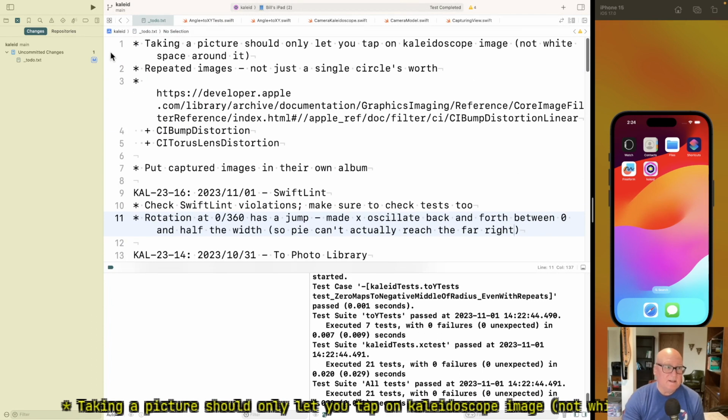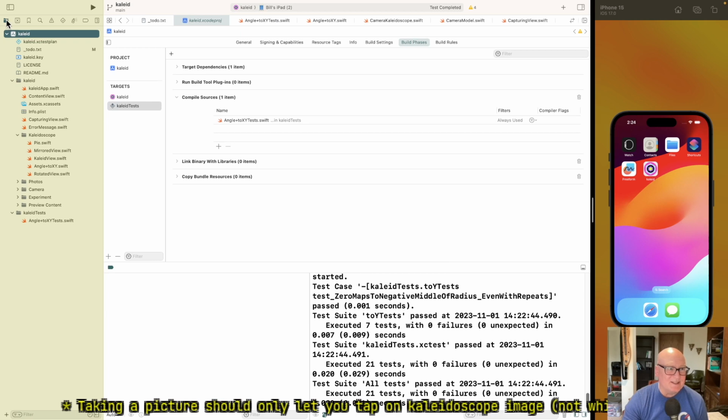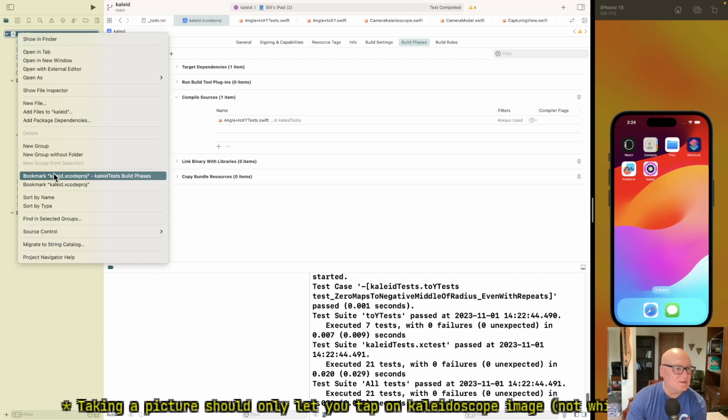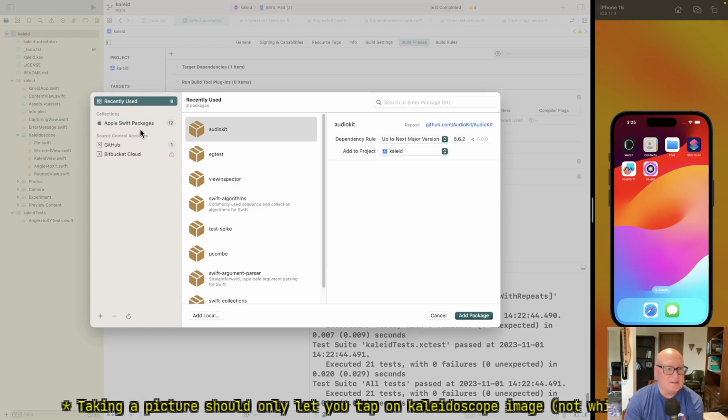I'm lazy, I know. All I have to do is add the package in and do the test. So let's do that because we're going to change it again. All right. So clearly that's something we need to do. So add package dependencies. It's probably sitting right here, isn't it?